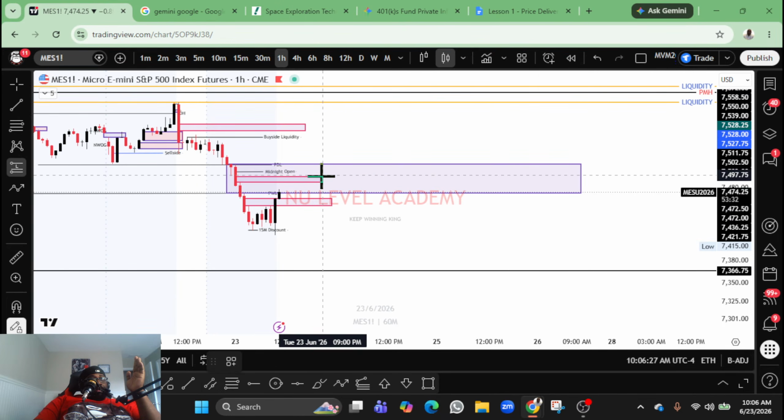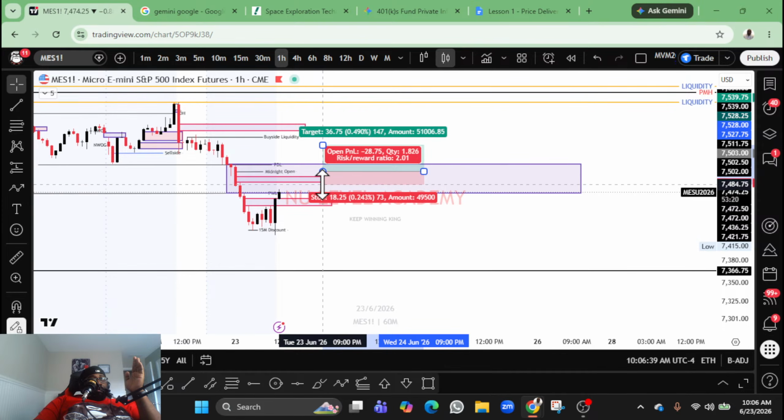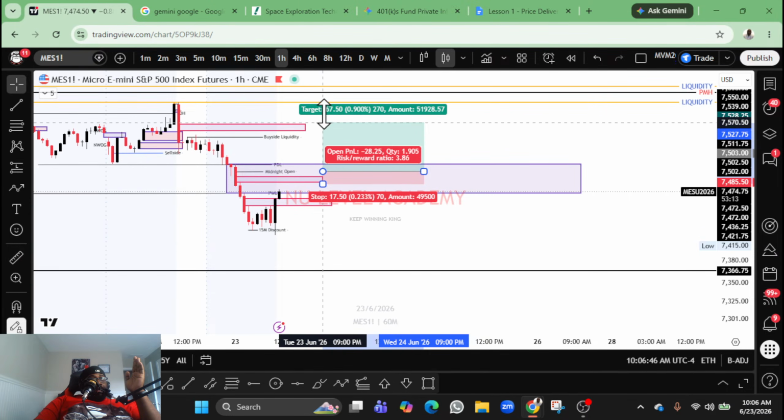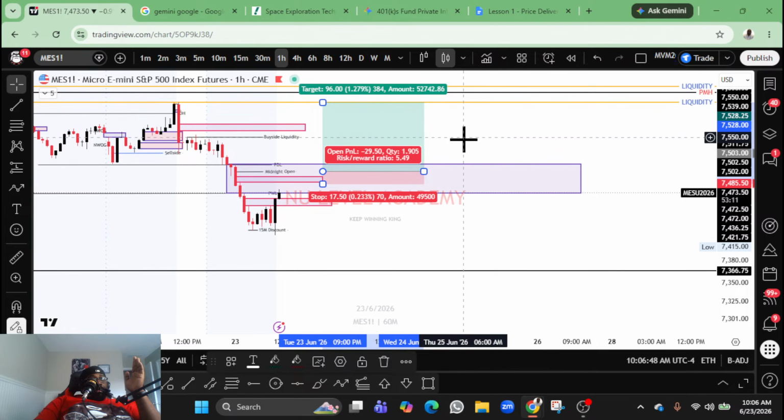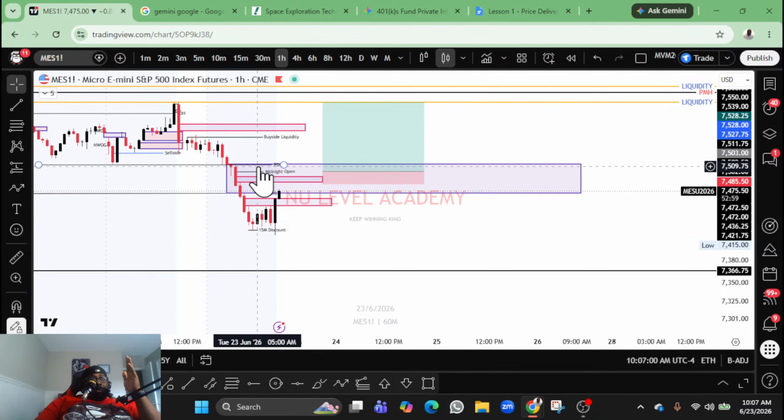If we break 50% consequent encroachment of this and we catch a retracement, it'll look like this. Targeting what? Buy side into this fair value gap, looking to take liquidity that's there. That will be our second bias. But that's if we were to crack midnight open.